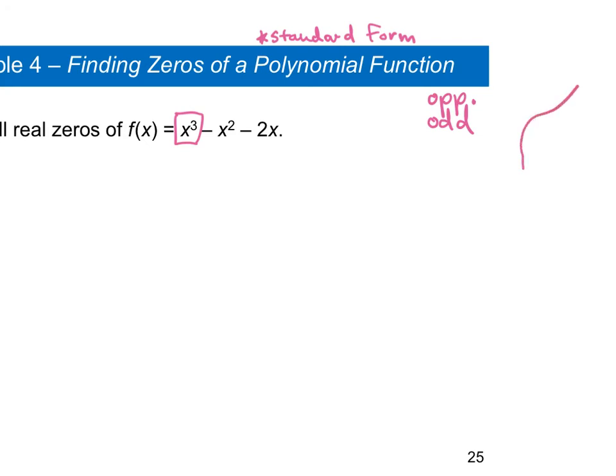And then is our graph going to look like this or like this? The top one. It's positive, so it goes in the increasing direction. So what do we know about our end behaviors? Falls left, rises right. Perfect.